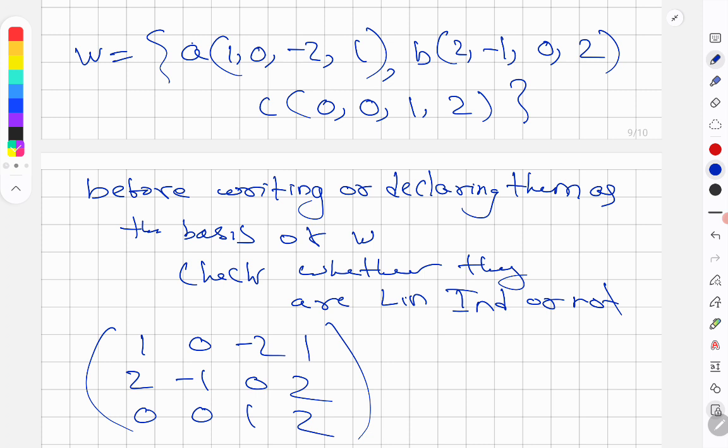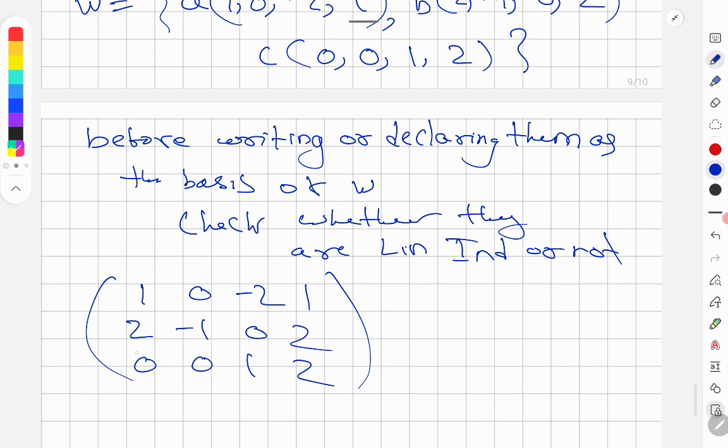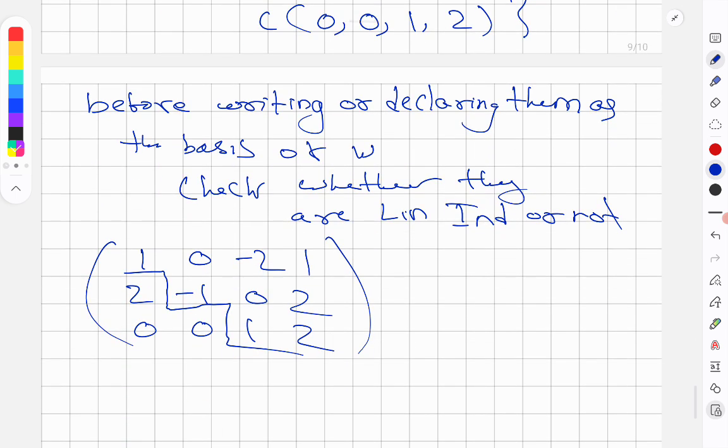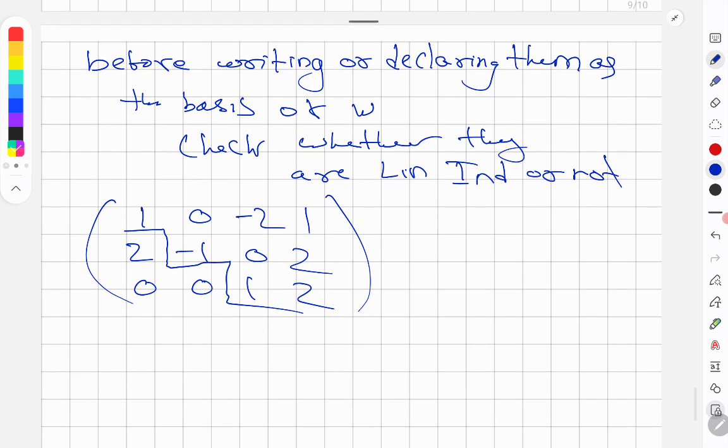As I said, try to make the entries zero. If you get a row where all the elements are 0, then they are linearly dependent. You can check it by yourself, but since I see the zeros are in different positions, I can see this cannot be a linear combination of the others, so I'm doing it the fastest way. But you should always prefer doing the steps: try to make this zero by multiplying -2 with the first row and adding it to the second.